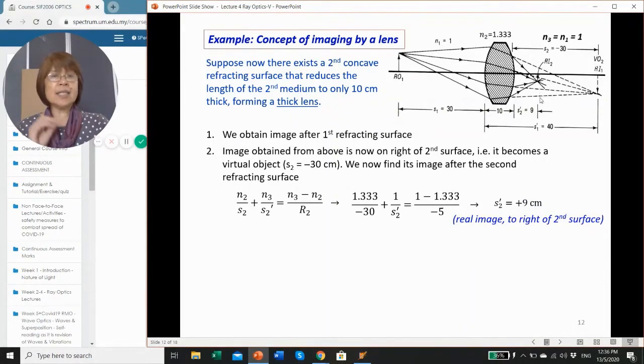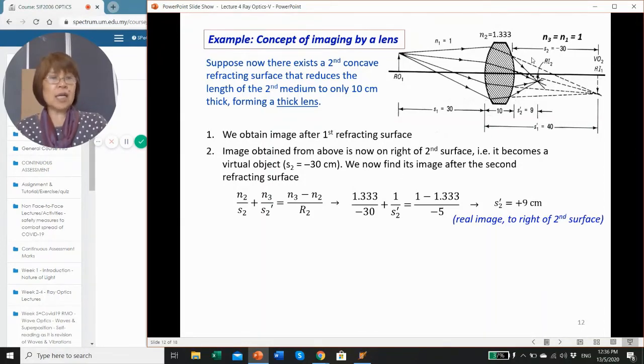Using the same refracting equation, except the values are different now, we have n2 over s2 plus n3 over s2 prime equals n3 minus n2 divided by r2. That's for the second surface. So this is n2, this is n3. n2 is 1.333 divided by s2.